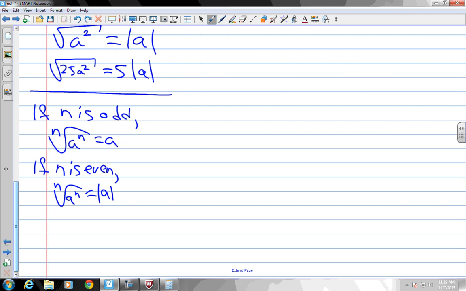That guarantees that the answer comes out positive. So you have to make sure that no matter what value of the variable is, the result after doing any even radical has to come out positive. So the absolute value guarantees that.